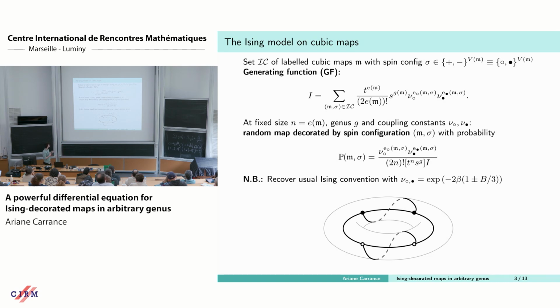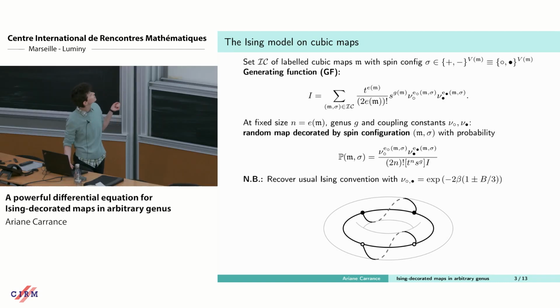And as before, we can interpret this as a probability distribution on maps decorated by a spin configuration by taking just the weight that's associated to this configuration.